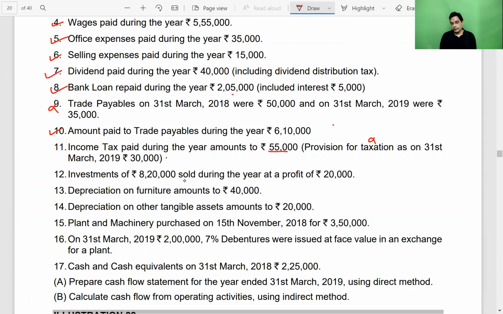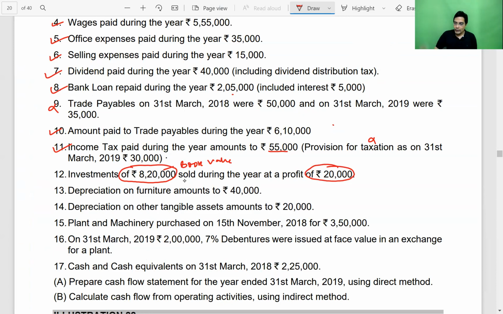Then they are saying, this we have done. Investments of rupees 8,20,000 was sold during the year at a profit of 20,000. So investment of 820 means this is the book value of investment. They were sold at a profit of 20.